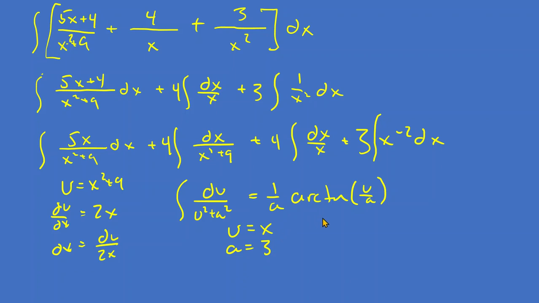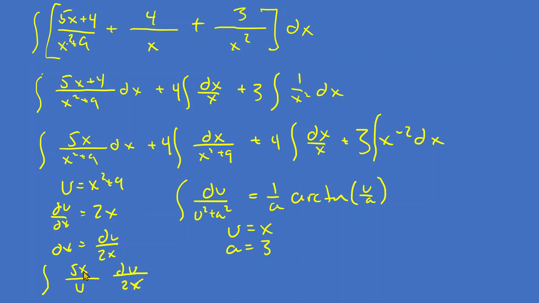So, integrating all of these, then we are going to have... I'm just trying to see if I can fit this down here or go on to another slide. All right, so we're going to have the integral here of 5x in the numerator, and in the denominator we have u, and then we have du over 2x.